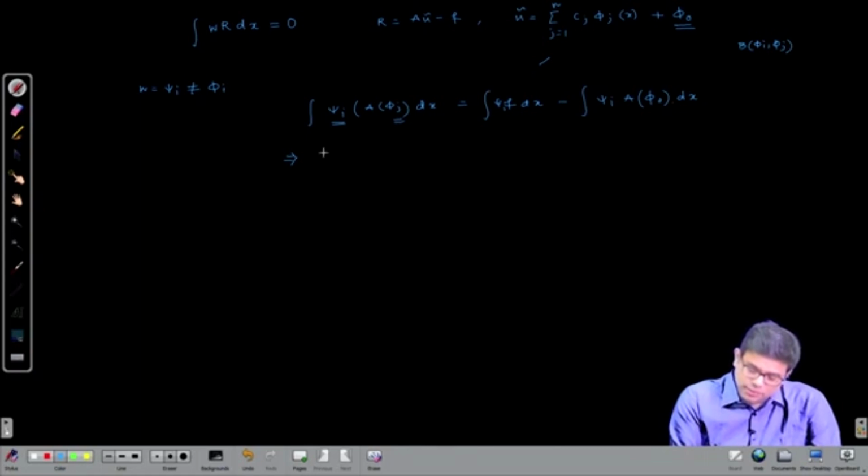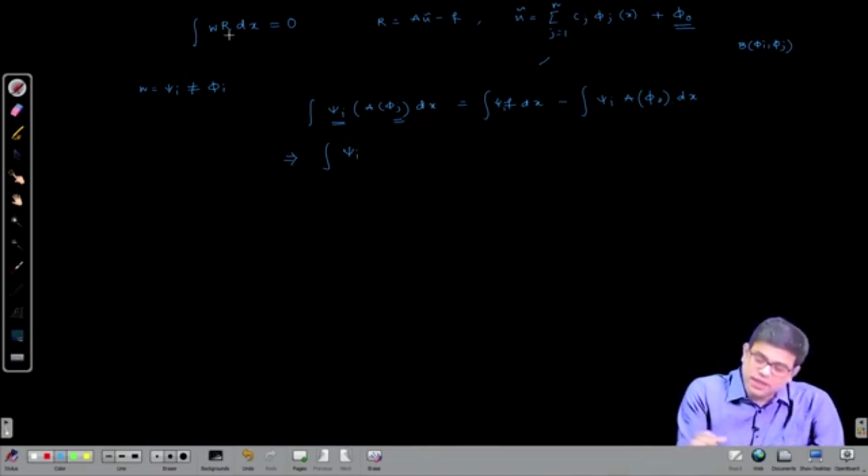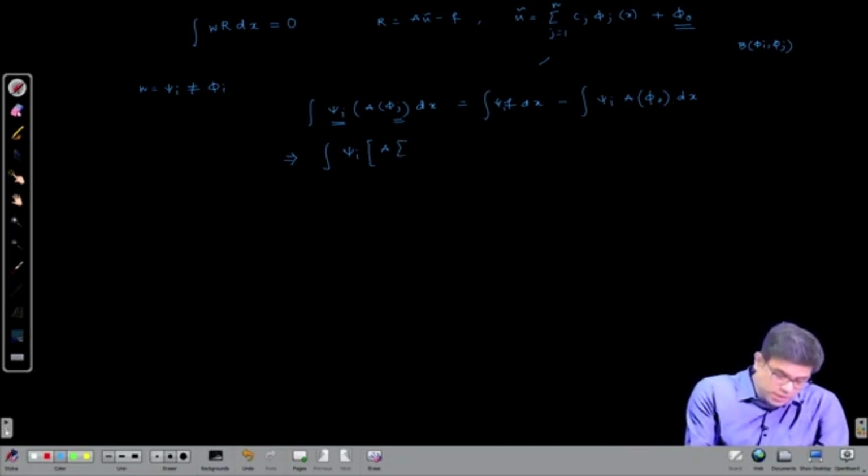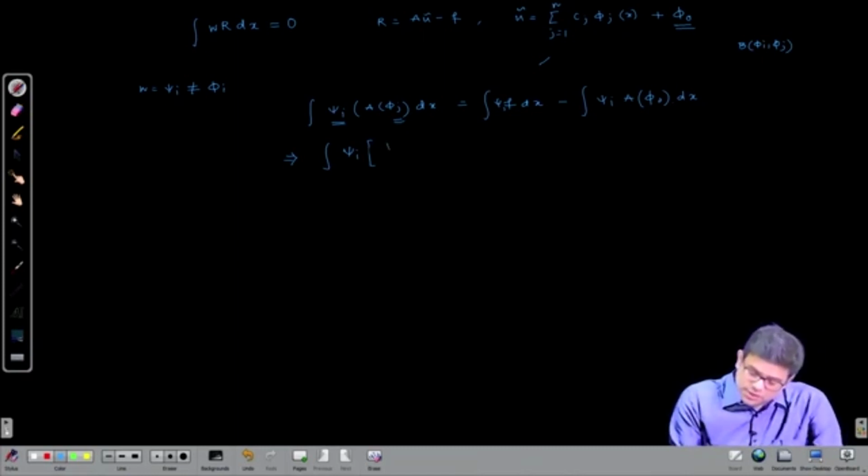So this is nothing but the integral of psi I. If I take A as a linear operator, this will be A of u tilde. Let me write it in a different way. So this is summation A I j phi j.